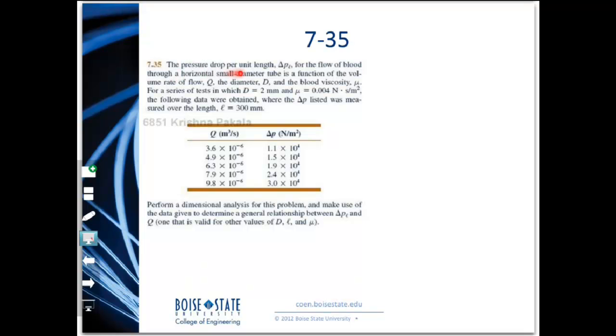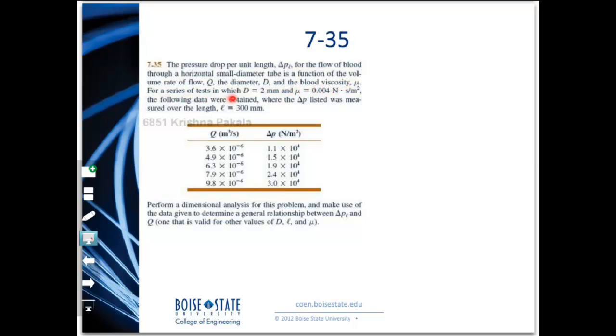The pressure drop per unit length, delta P over L, that means force per area per length, right, for the flow of blood through a horizontal small diameter tube is a function of volume rate of flow Q, the diameter D, and the blood viscosity mu.